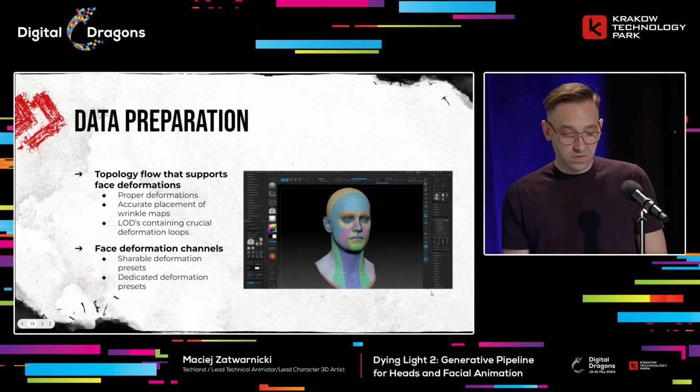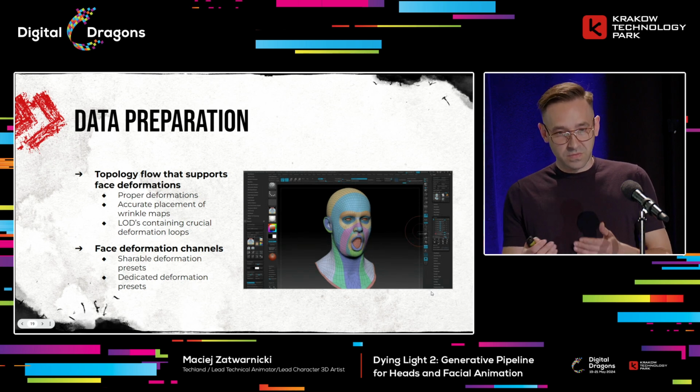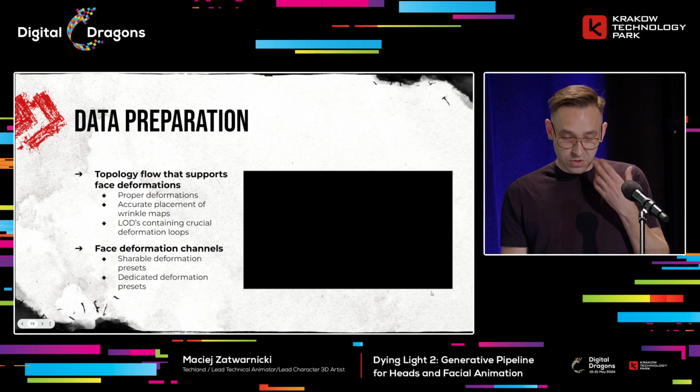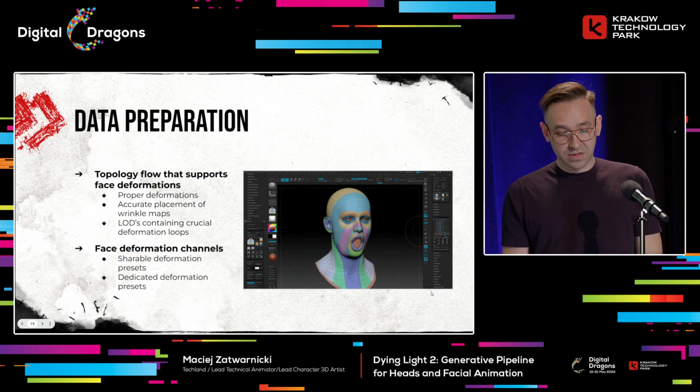So the direction of the loops, amount of the loops, and all of the sections which you see here are very important for future deformation of the face. Because if you want to deform the face in a certain way, there are certain areas which just have to follow the anatomical deformation of the muscles, of the fat tissue, and just continue the movement in that direction. And that's how the topology supports that.